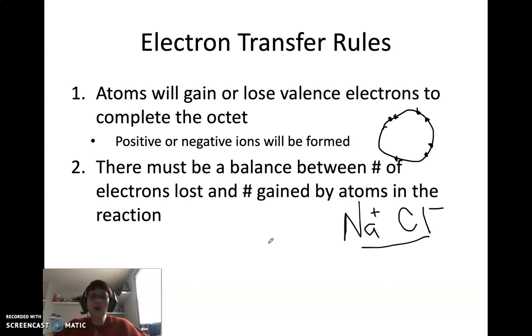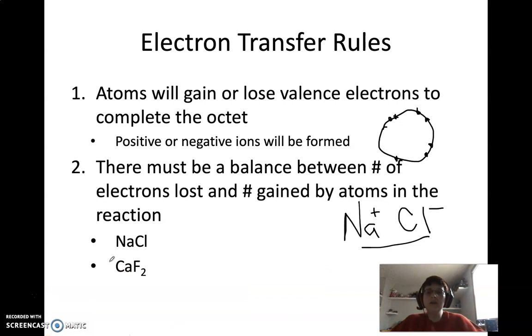But not all of the compounds are going to work that way. We saw sodium chloride, but here, for example, is another one, calcium fluoride. If we set calcium up with its electrons, calcium has actually got 2 extra electrons sitting out here.